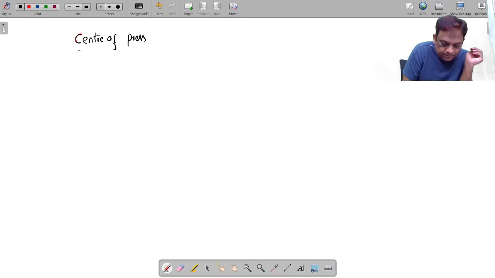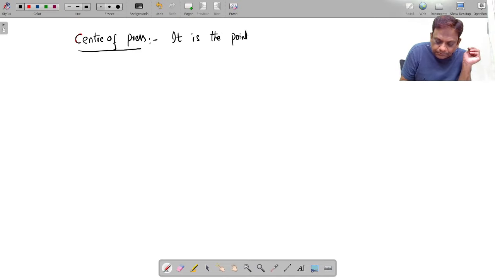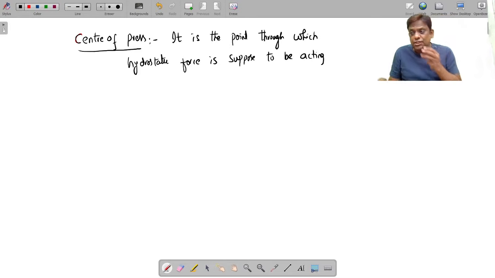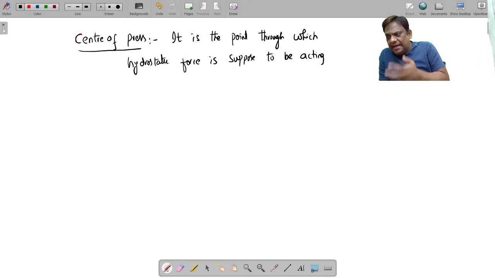Center of pressure is the point through which the hydrostatic force is supposed to be acting. जिस पॉइंट से हाइड्रोस्टैटिक फोर्स एक्ट कर रहा है, and that we call center of pressure.